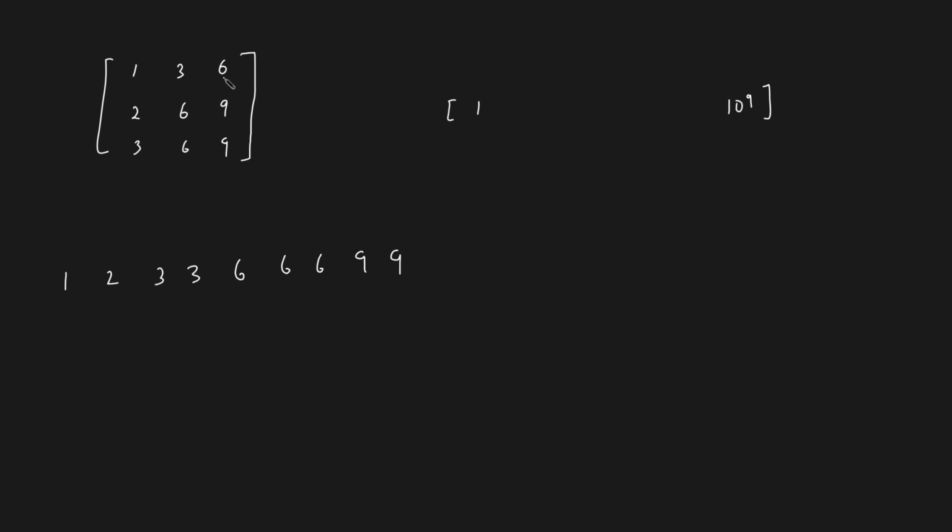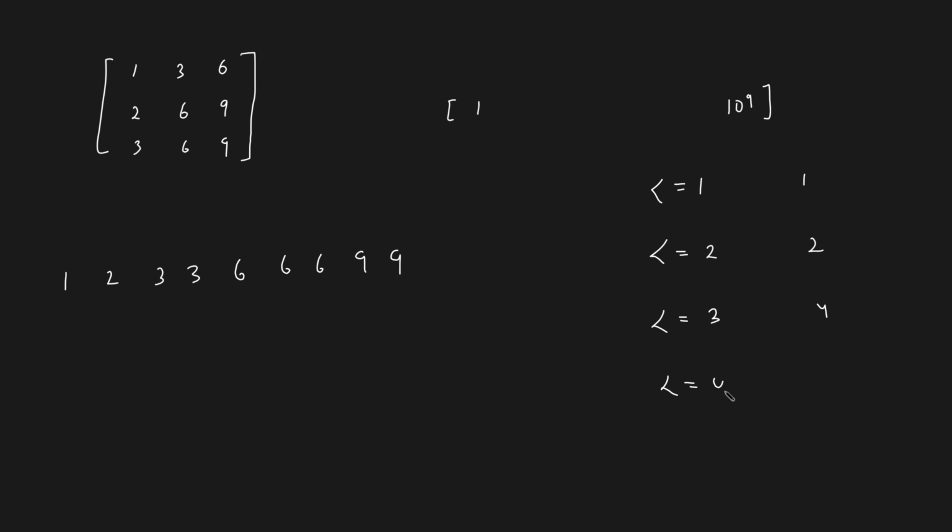Now, how will I determine that this is monotonic in nature? So the thought process is something like this. If I figure out how many numbers are lesser than equal to 1 among all these numbers, I say that there is only one number. If I say how many numbers are lesser than equal to 2, I say there are two numbers. If I say how many are lesser than equal to 3, I actually say these are four numbers.